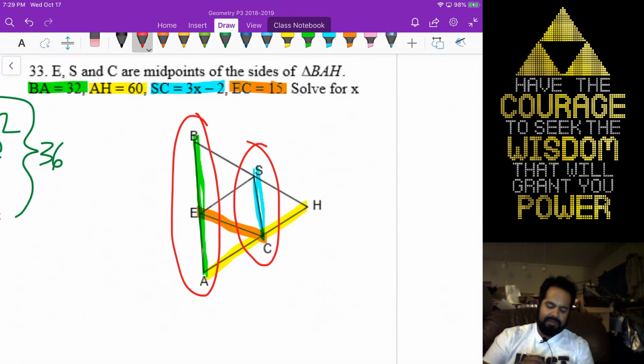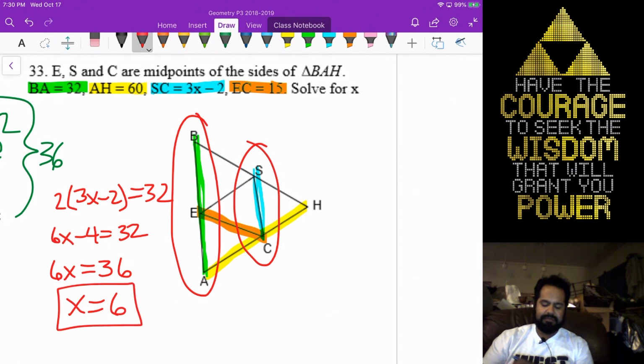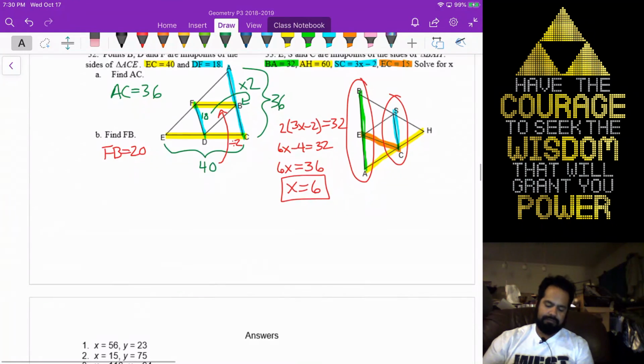So if I say 2 times the short side, we're going to set that equal to the long side. So we'll have 6x minus 4 equals 32 after we distribute. We go ahead and add 4 to both sides. And so then we find x equals 6. And that's it.